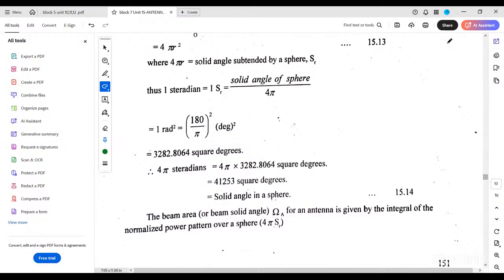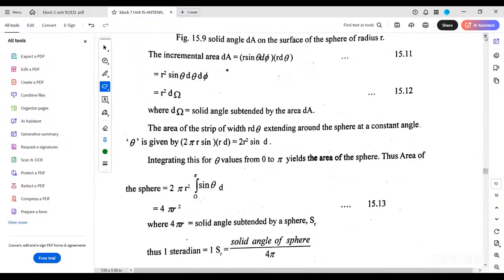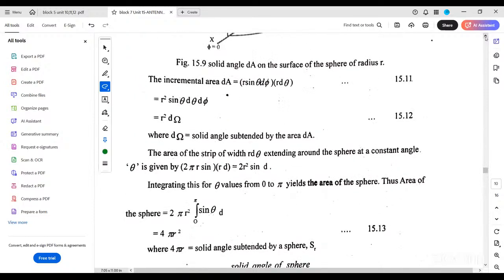It is here. Beam width, radiation pattern. Radiation pattern, beam width. Page number 149. Beam width, small.